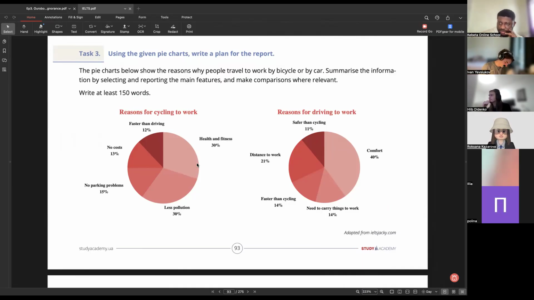It's two, but what is it representing? These two pie charts. Overall, they're about reasons for transport. Just to compare. So make comparisons where relevant. You're not comparing everything, right?